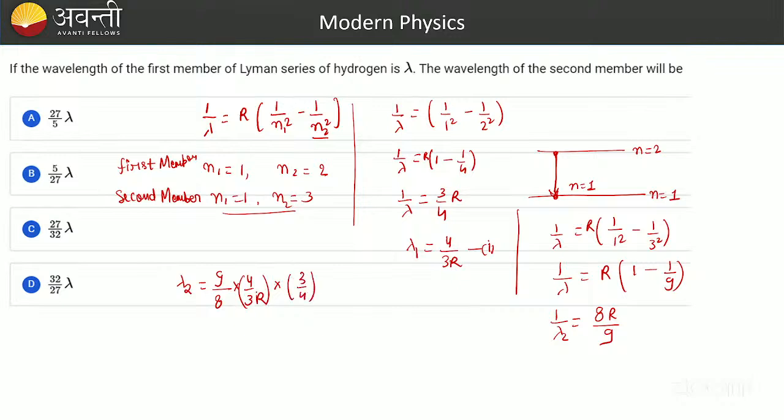Now this 4 by 3R will become lambda 1, which is nothing but lambda. 9 3s are 27 by 8 4s are 32, into lambda. So this is the relation between the first member of the Lyman series and the second member of the Lyman series.